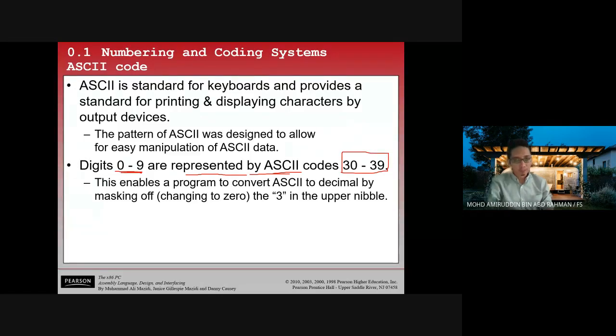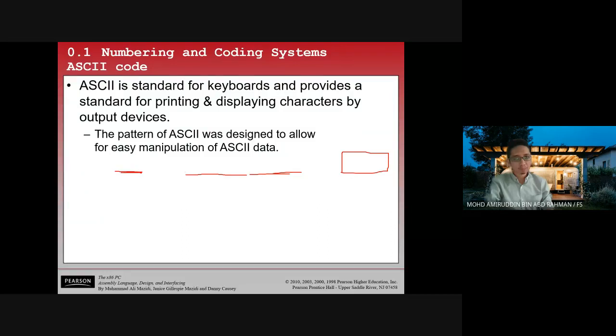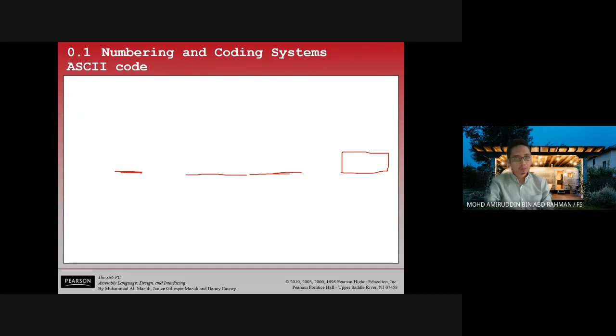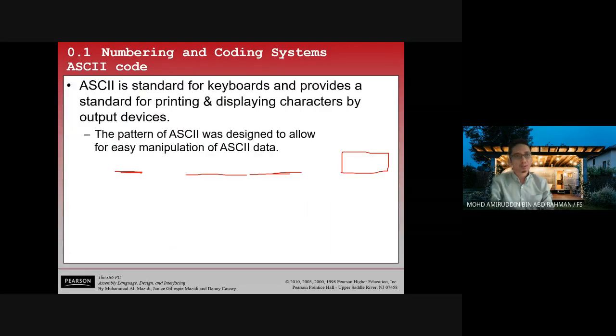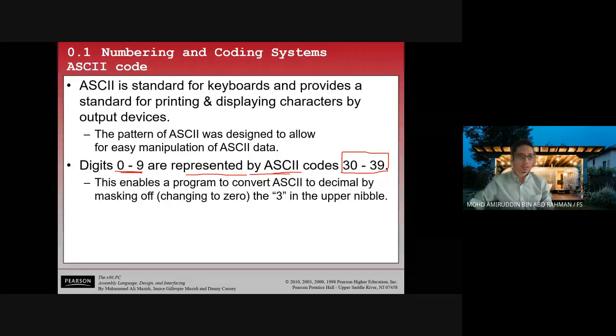For the alphabet, it starts from 41 to 80. And for digits 0 to 9, it is represented by 30 to 39.